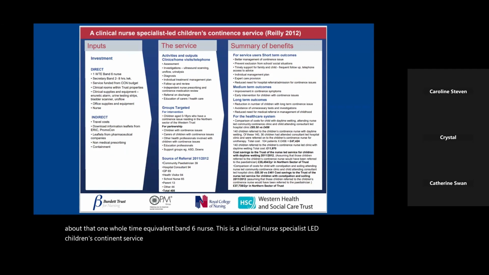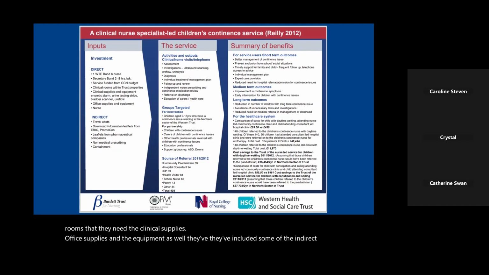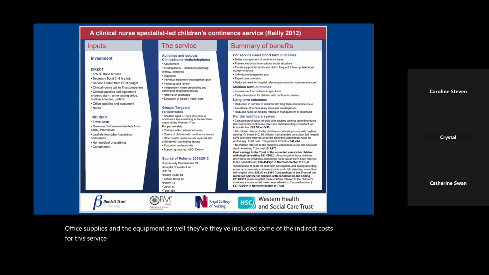They've talked about the direct costs of the clinical rooms they need, the clinical supplies, the equipment, and the office supplies and equipment as well. They've included some of the indirect costs for this service, around travel costs, leaflets, and non-medical prescribing.